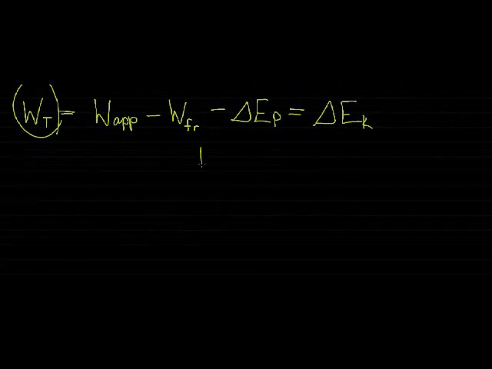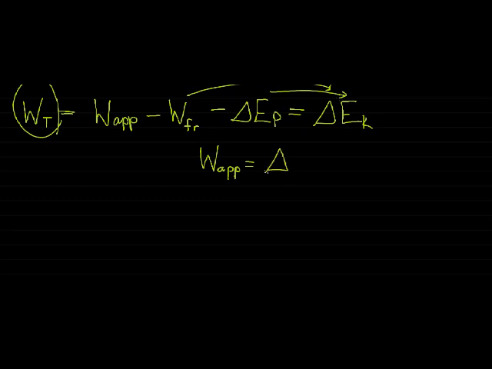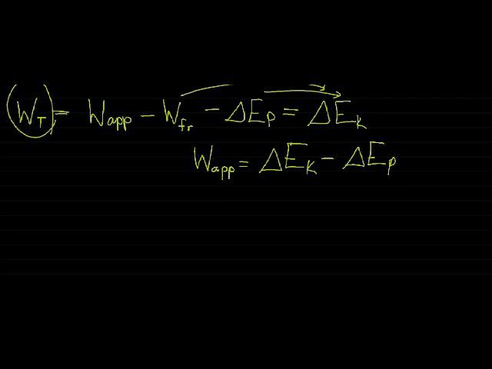And this means if I solve for the applied force, I see that the work they apply, taking the two other terms to the other side, goes into changing their kinetic energy, in other words their velocity, plus changing their potential energy, in other words their height.